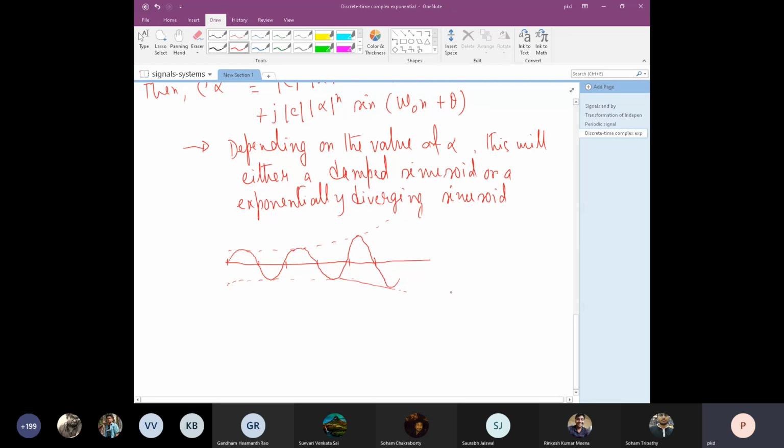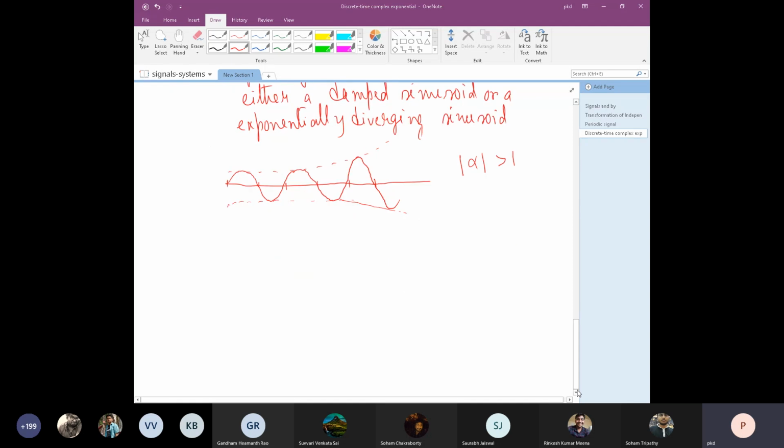So this is for, say, alpha greater than 1. Similarly, if alpha is less than 1, it will converge.